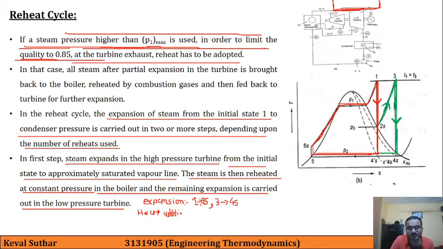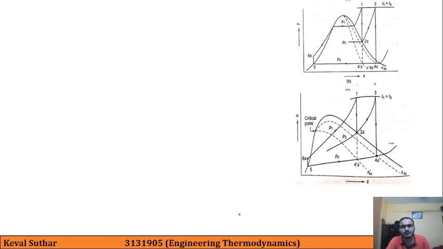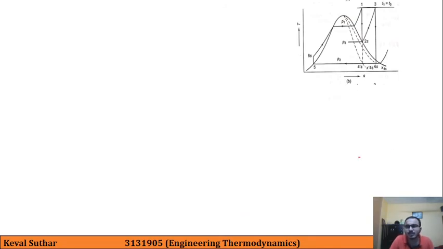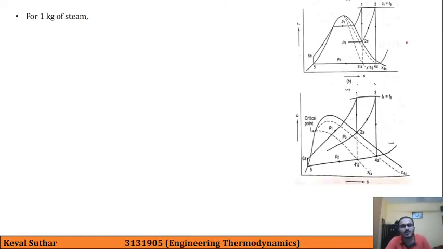Heat addition is also happening in two different processes, that is, as you can see, from 6s to 1, and second is 2s to 3. So the same figure is drawn over here that was present in the previous slide. Now we will see the efficiency of the reheat cycle.